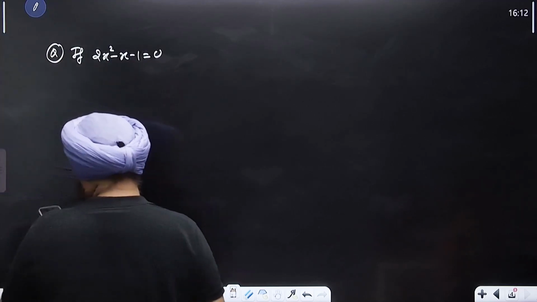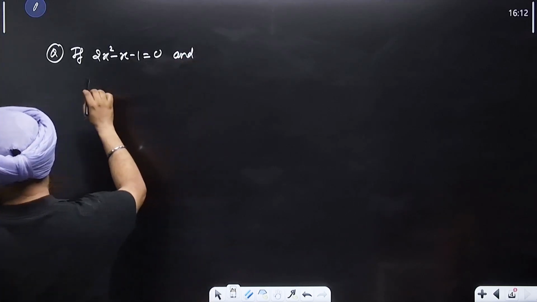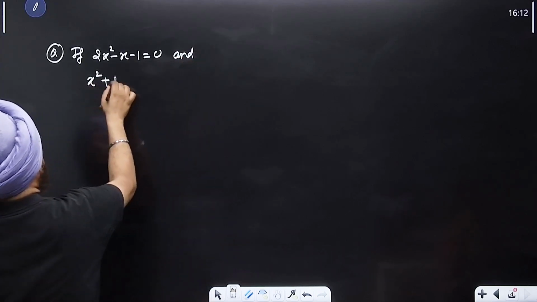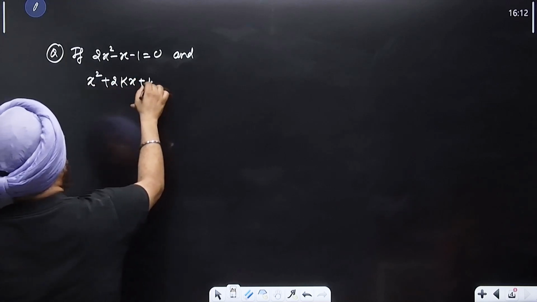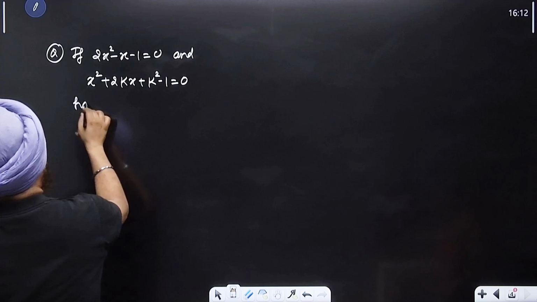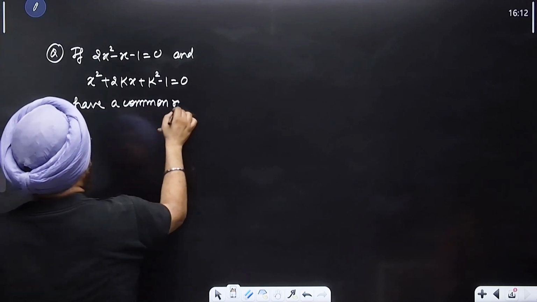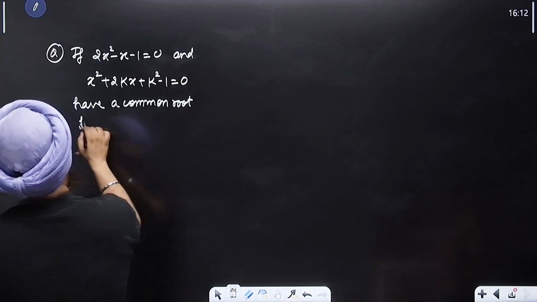If 2x square minus x minus 1 and the second equation have a common root, find k.